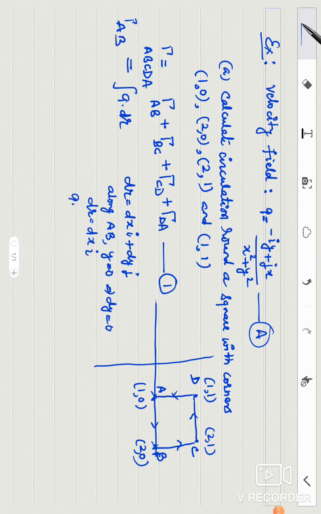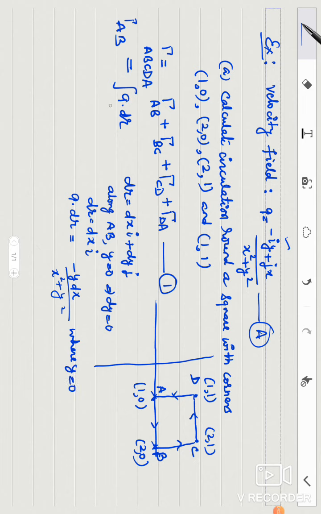So in q dot dr I have to consider only the i part, that means minus y dx upon x square plus y square, where y is 0.